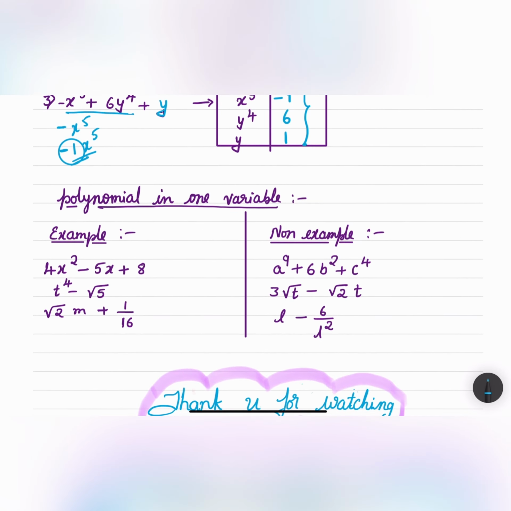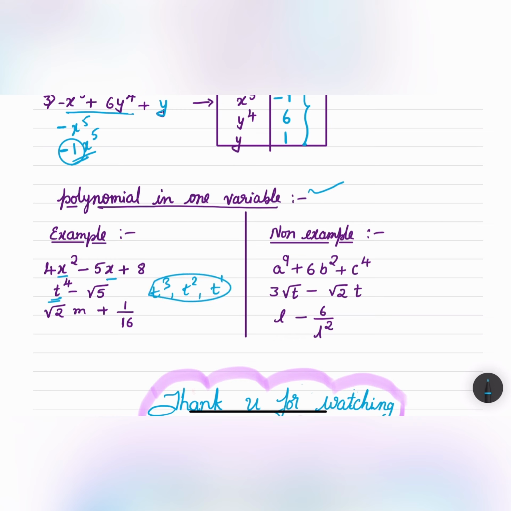Now we will go for polynomial in one variable. Yes, I have already mentioned it. We have the example here, 4x square minus 5x plus 8. In the next, we have t to the power 4 and root 5; the other terms t cube, t square and t to the power 1 are not present.